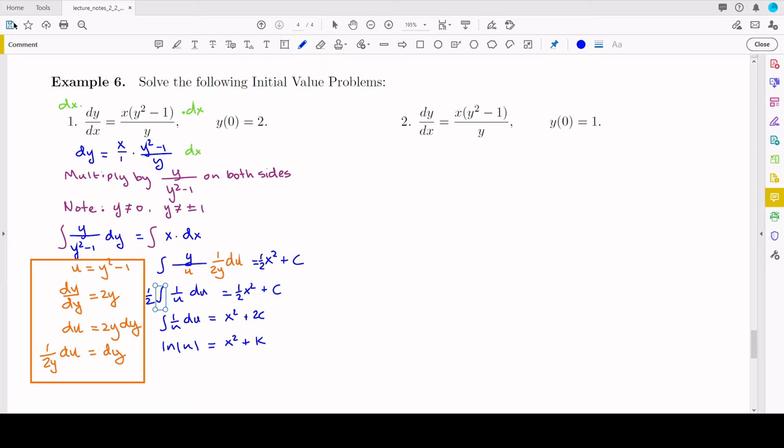So when we're trying to figure out what this is, we get ln of u, and u is y squared minus 1, so we get ln of the absolute value of y squared minus 1 equals x squared plus k.